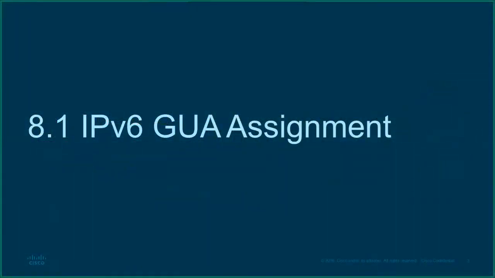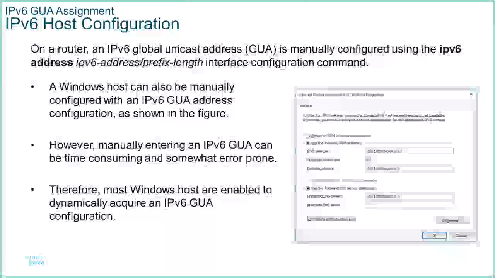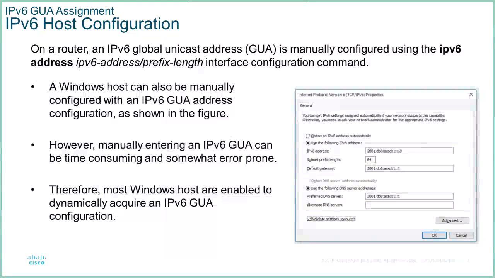So, global unique addressing assignment is what we're all about with DHCP. We all know that we can assign addresses statically, and we do that via the screenshot there, which is just typing in the IPv6 address and the subnet prefix length, the default gateway, and our DNS server.